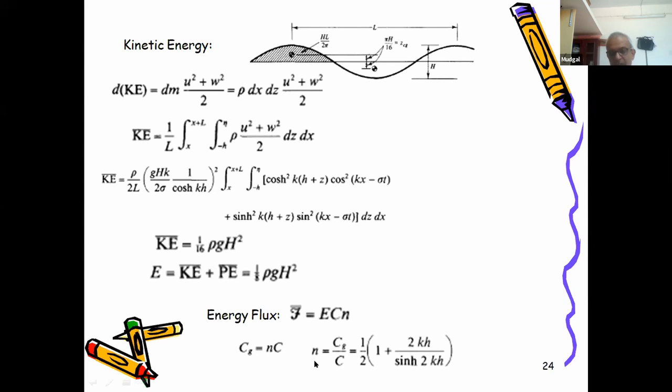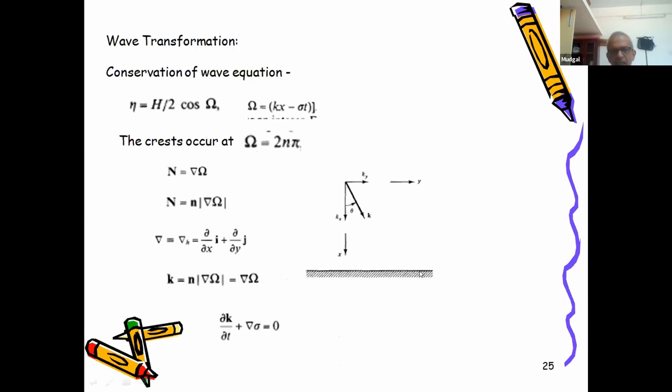And for deep waters, this term would become almost 0, and n would be equal to half. Which means that the wave speed in deep waters is much less compared to the wave speed in shallow waters. That is why the wave speed goes on increasing as it approaches the shore. Okay, so this is about the energy flux.